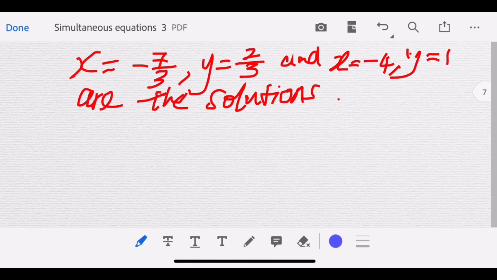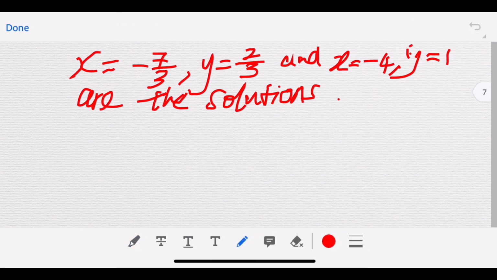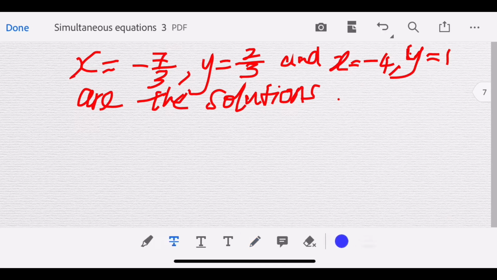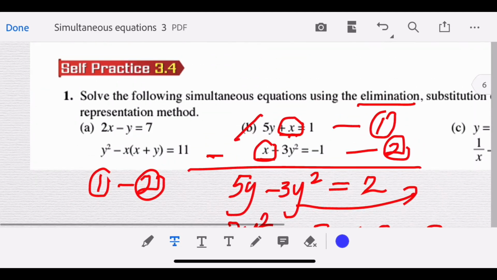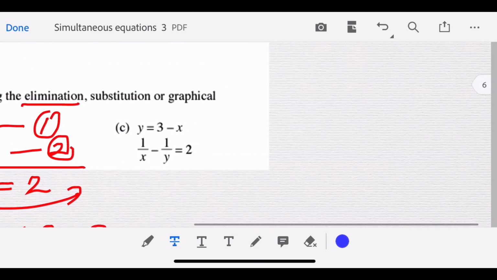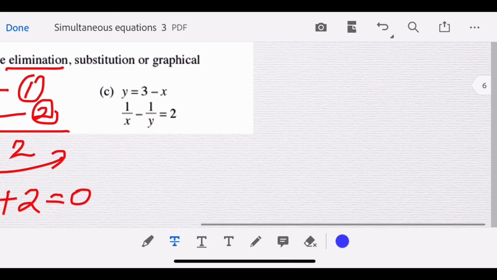We have to list out the answer in one line like this: x equals negative 4, y equals 1, and x equals negative 7 over 3, y equals 2 over 3 are the solutions. So we have solved the simultaneous equation using elimination.